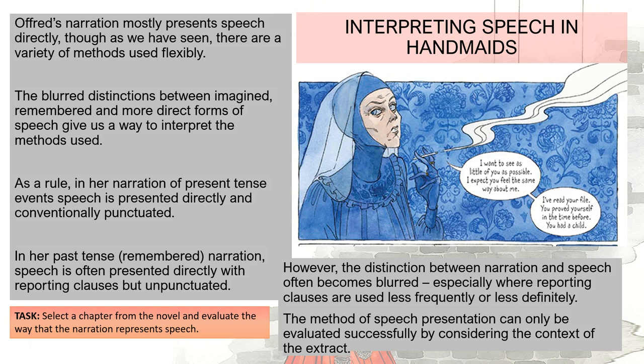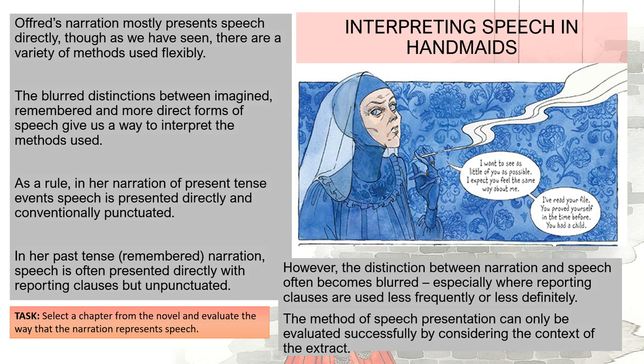The only way of really getting to grips with it is through practice, through looking at a particular chapter or a particular section and asking yourself, whose words are these? How far have the perspective and tense been changed? Are there reporting clauses? What method of punctuation has been used to introduce speech?